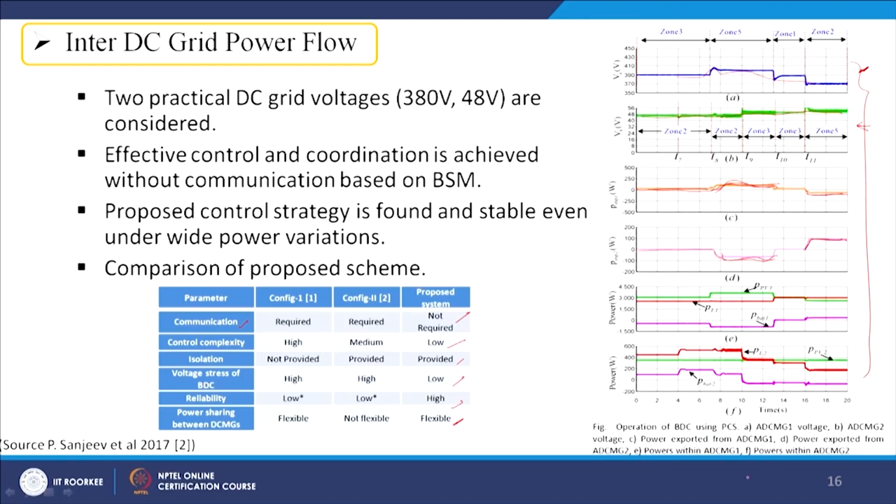And finally, we can see the power within microgrid 1 as well as within microgrid 2. We can see the load characteristic, the PV characteristic, and the battery characteristics. So, within the microgrids the power output of the battery, load and PV can be seen, and a power exchange between these two grids is possible without violating much of the voltage requirements at 380 and 48 volts.